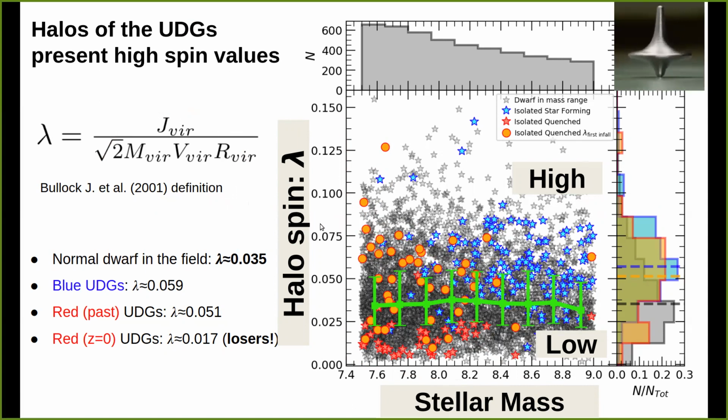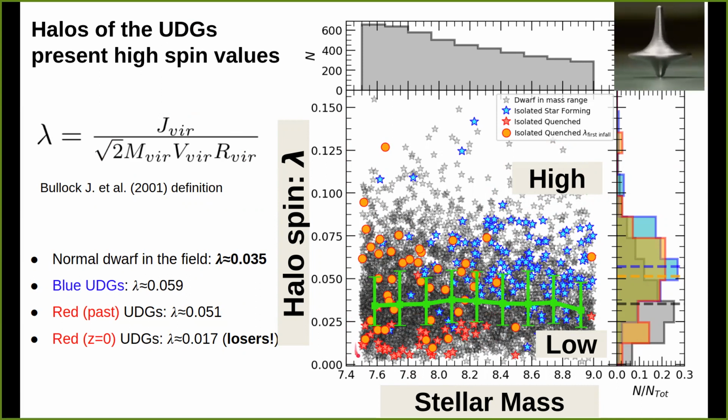And we observe that star-forming UDGs present high values of spin with respect to normal dwarfs in the field, with typical values reported in the bibliography. And in the case of quenched UDGs, these present lower values of halo spin.